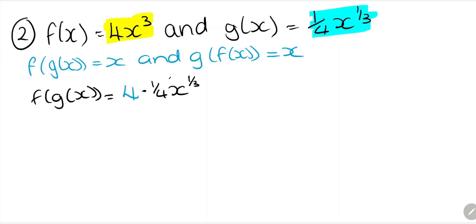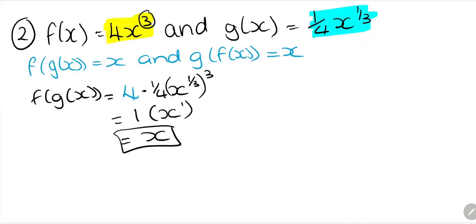We're going to put this in brackets because this is going to be cubed. So now we need to multiply this out. So 4 multiplied by a quarter is 1, and x to the 3 over 3 is 1, and we just write this as x.